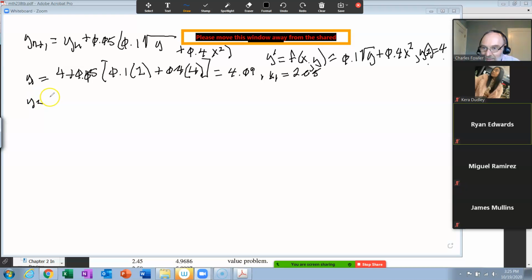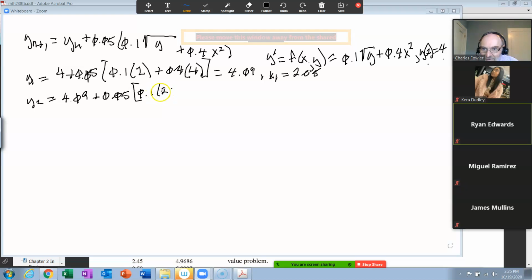Now our y2 here is one step size away from what is equivalent to our y1 when we did 0.1. Here we're doing 0.05 times... So this is taking our y1, 4.09, plus the 0.05 times 0.1, and that's from the problem, and our new x1 is 2.05.